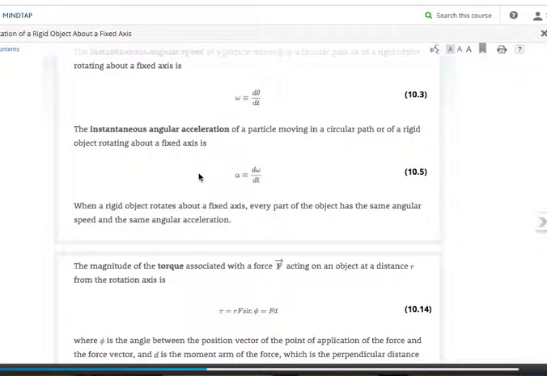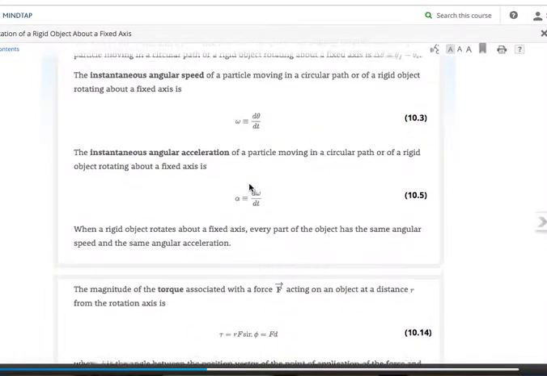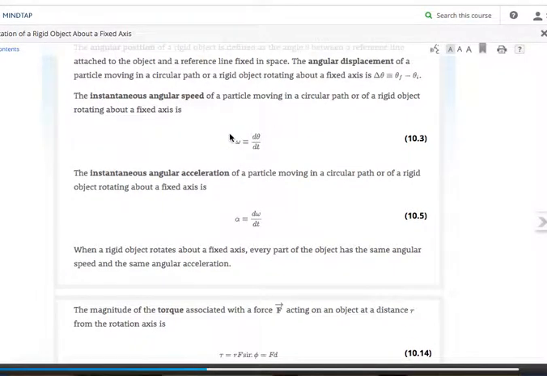And we have a definition of that centripetal acceleration in terms of omega. So centripetal acceleration can be v squared over r or omega squared r. But theta, omega, and alpha are all parallels of x, v, and tangential acceleration.